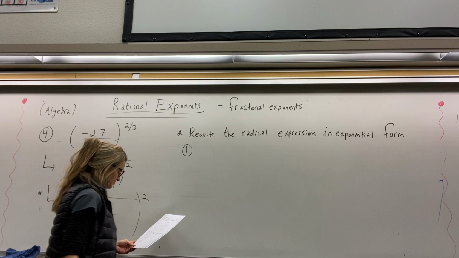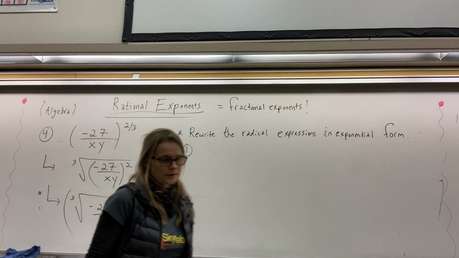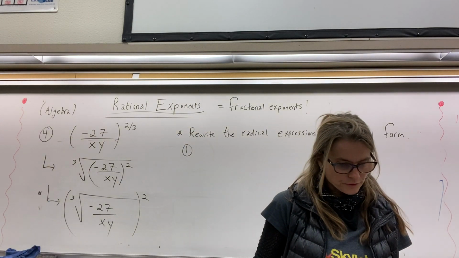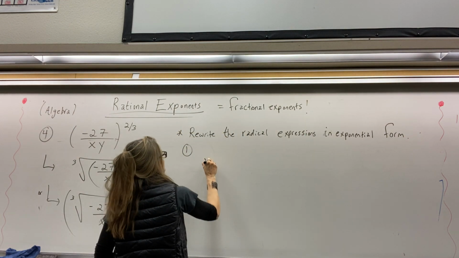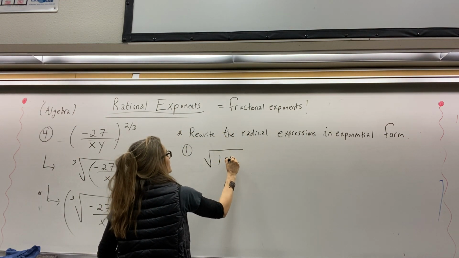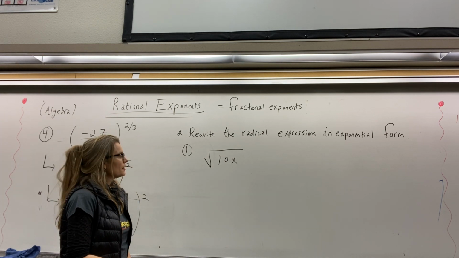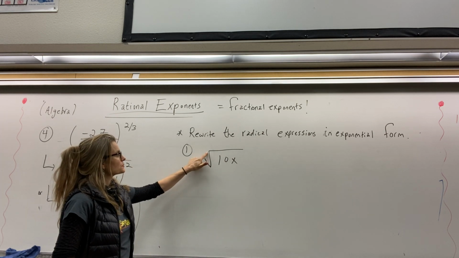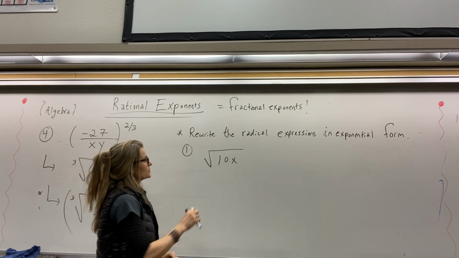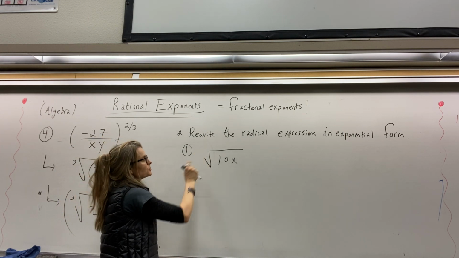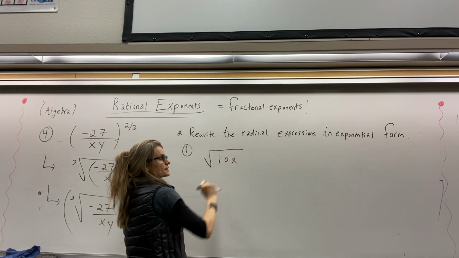So number one, I want to get a good variety here. Let's start out with the square root of 10x. What we have to do is recognize what our index number is for the radical, which is just understood 2. It's an invisible 2. And all of this is to the first power.